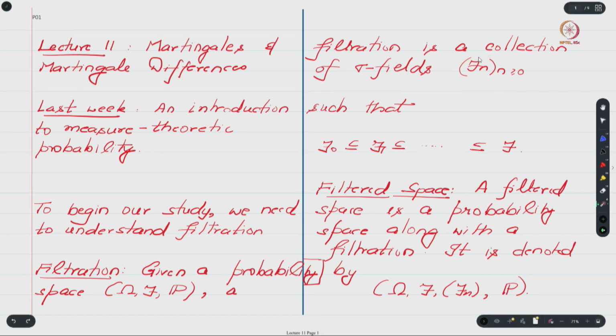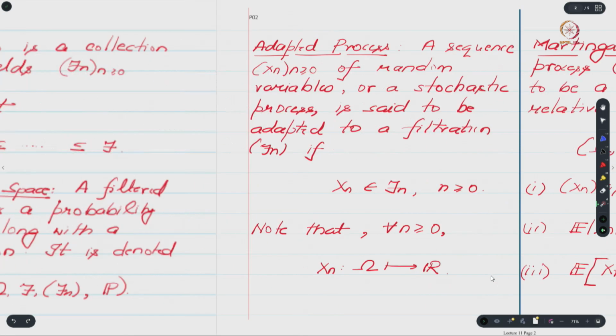The filtration is basically the sequence Fn, and henceforth we will refer to what is called a filtered space when we have a probability space along with a filtration. So what is a filtered space? A filtered space is a probability space along with a filtration, and we will denote it in the following way: omega, F, Fn and P, right.